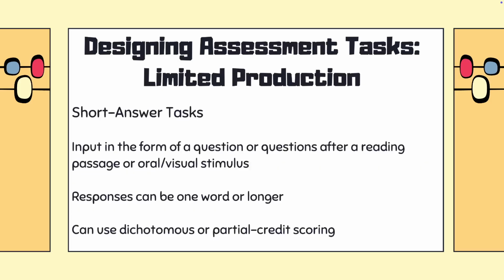Okay, at limited production stage, we can also do short answer tasks. So the input is in the form of a question or questions after reading a passage, or again, you can give them oral or visual stimulus. So it could be reading, could be listening, could be both. Responses can be a word or longer, and again, you can use dichotomous or partial credit scoring.